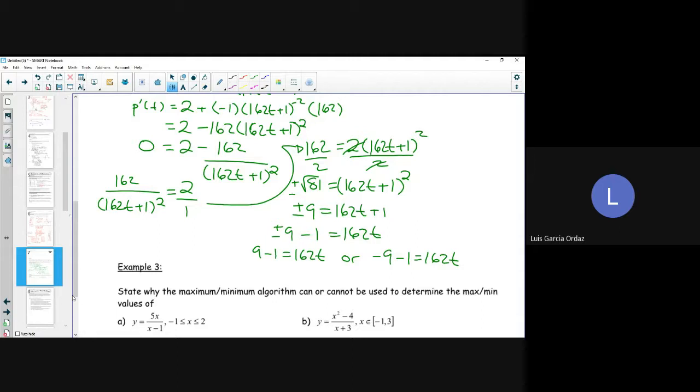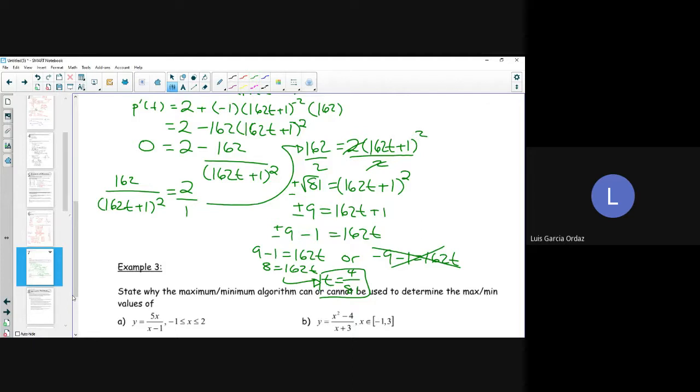Negative 9 minus 1 is going to give me negative 10, and when we divide it by positive 162, it's going to give us a negative value, and time cannot be negative. So we're left with 8 is equal to 162T. If I simplify that, I get T is equal to 4 over 81, which we can use.